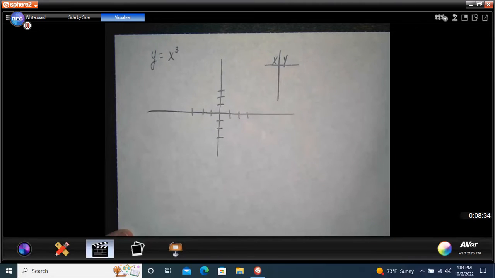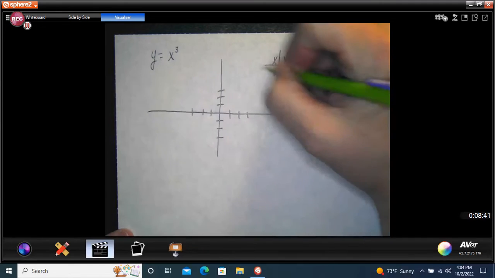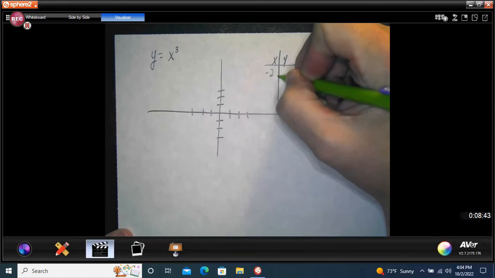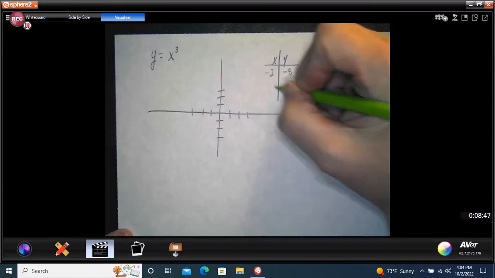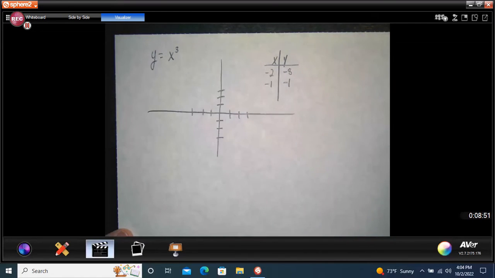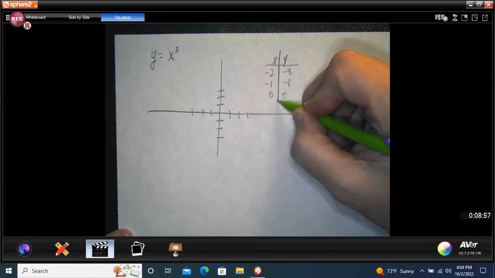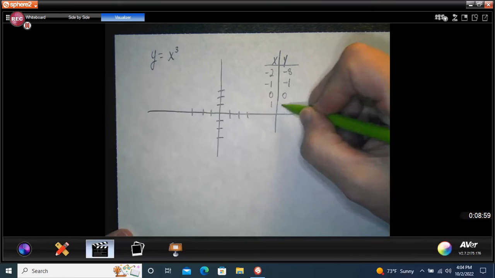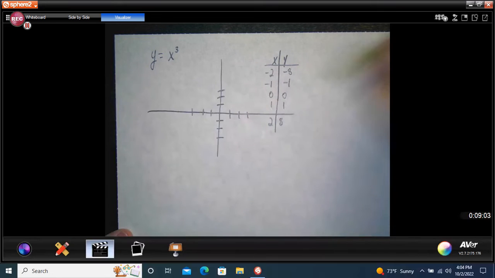I could start at -2, and -2 to the third power is -8. If I plug in -1, -1 to the third power is -1. If I plug in 0, 0 to the third power is 0. If I plug in +1, I get 1. If I plug in +2, I get 8.